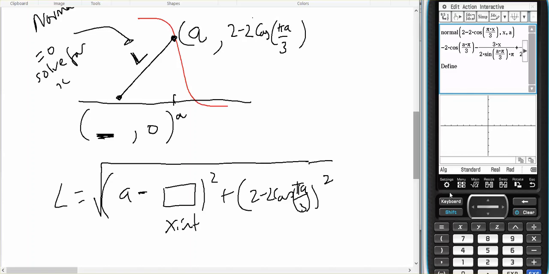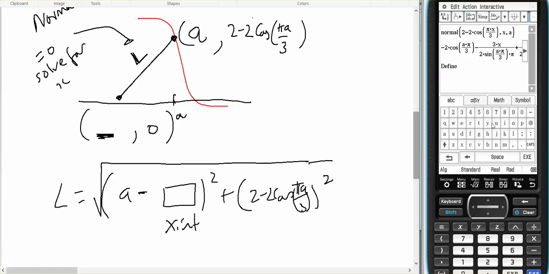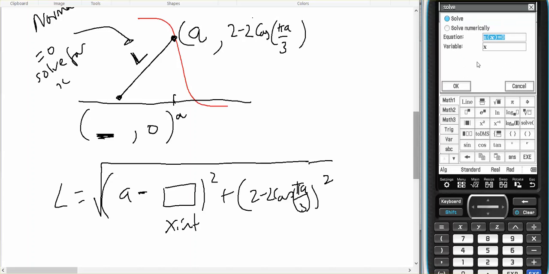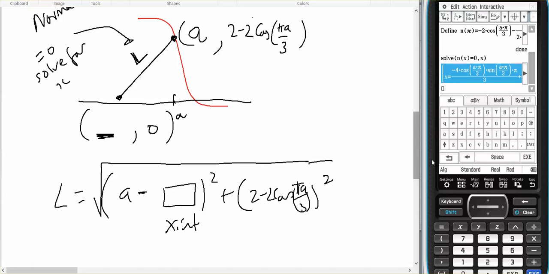So I'm going to call it n of x for the normal. And if I touch this, put that there, that's been defined. If I set n of x equal to 0, and solve for x, that should give me an expression for the x-intercept.